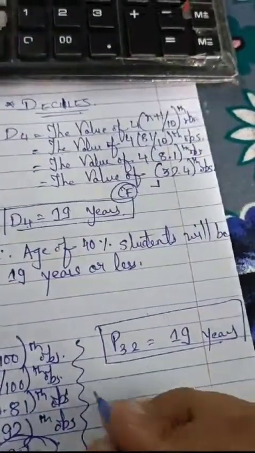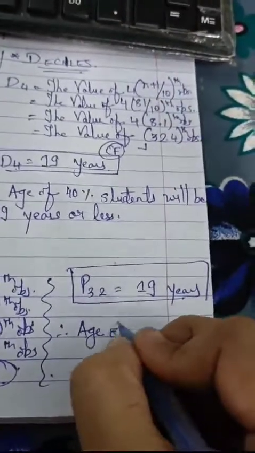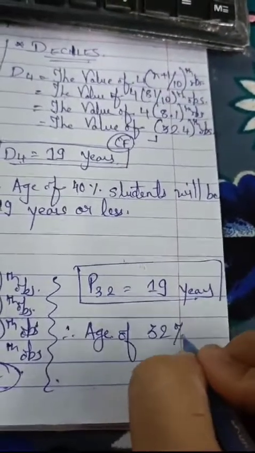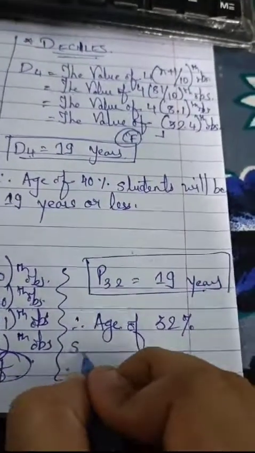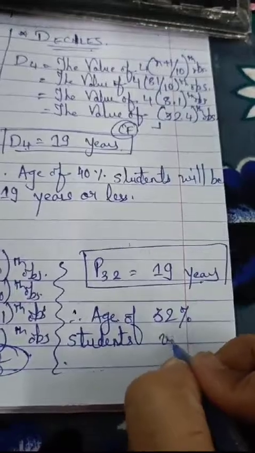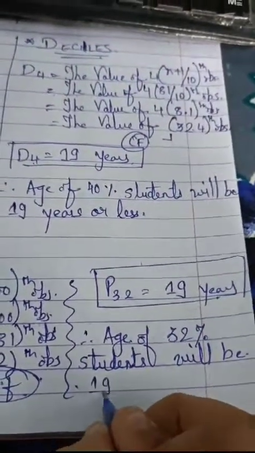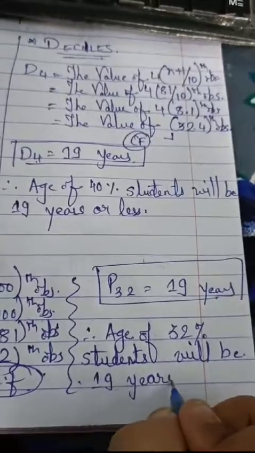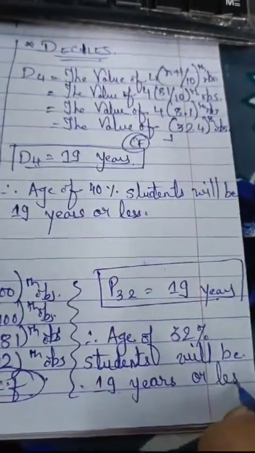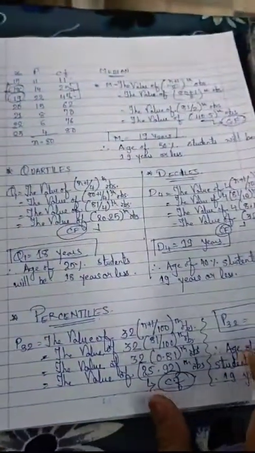Okay, 32 means 32%. Age of 32% students will be 19 years or less. So this was about sum number 3.